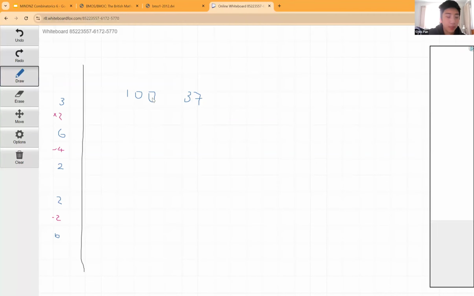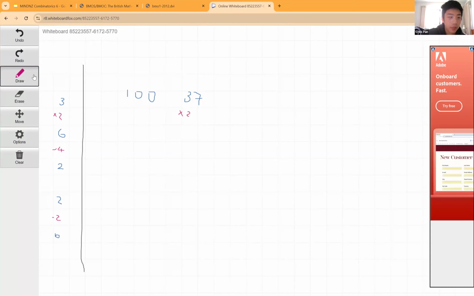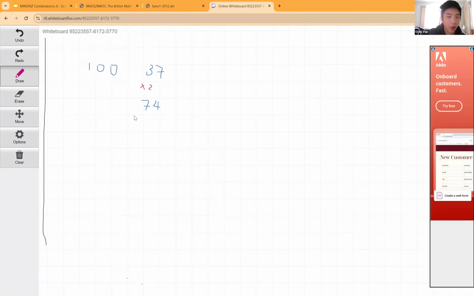What I mean by that is that if I multiply by two, I get 74, which is a little far from 100, right? It's still 26 away from 100, which is fine, but not great. And if I try multiplying by two again, now I get 148, which is even worse, right? Now it's 48 away from 100.